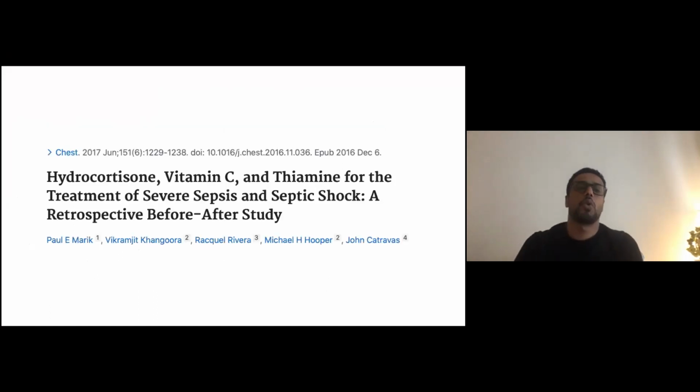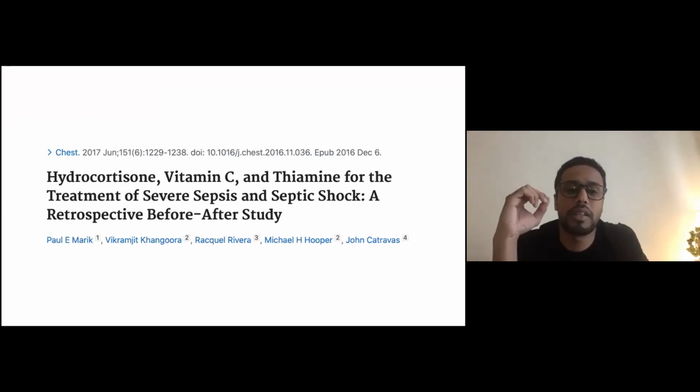Okay, so 2 years ago, we had a journal club in a debate style talking about this article. And I was actually against using Marik cocktail for sepsis, which was the hydrocortisone, vitamin C, and thiamine. They suggested that using this cocktail might prevent organ dysfunction in a septic patient.